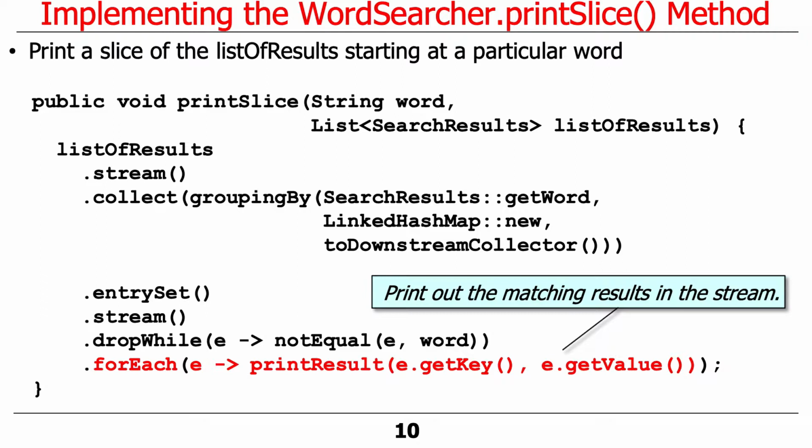So it's kind of like a while loop, right? It's sort of like the difference between a for loop or a for each loop and a while loop. So a for loop or a for each loop says, from beginning to end, do all these things. dropWhile is kind of like a while loop that says, while this condition is true, keep going, but as soon as the condition is false, stop.